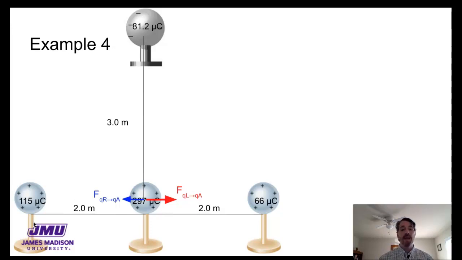Then the third force that will act on this sphere is it will interact with the sphere at the top. Sphere A is going to be attracted to the sphere at the top of the page because they are opposite signs. So I've drawn these three vectors. I now know which direction each of these forces is going, to the left, to the right, and up.